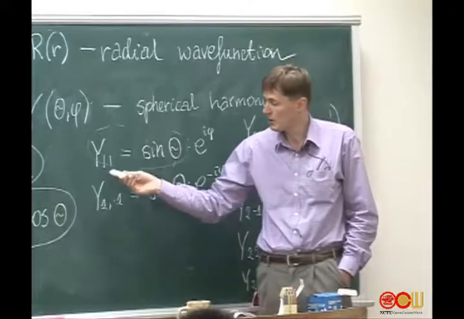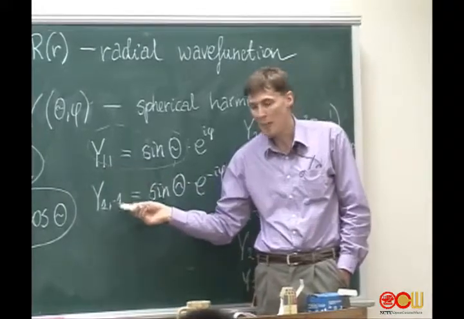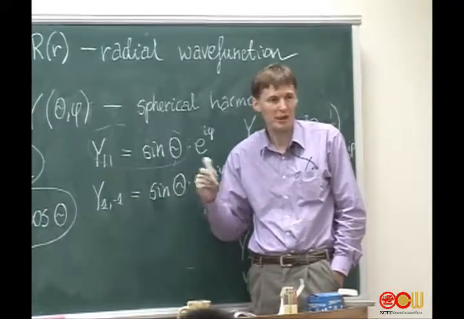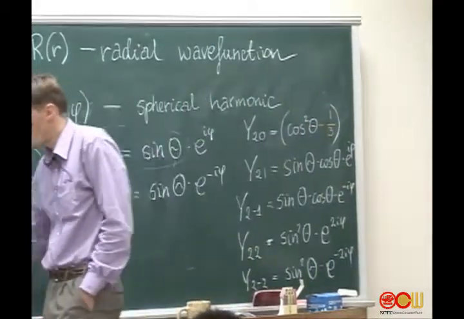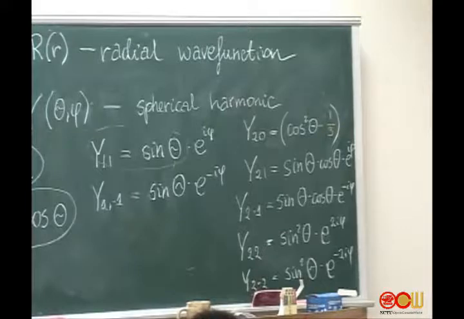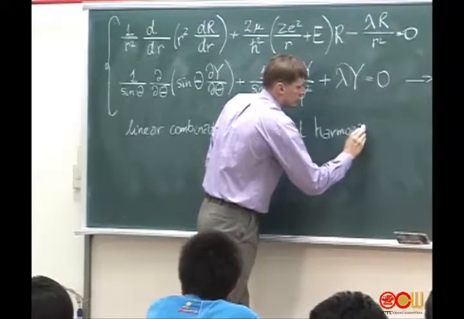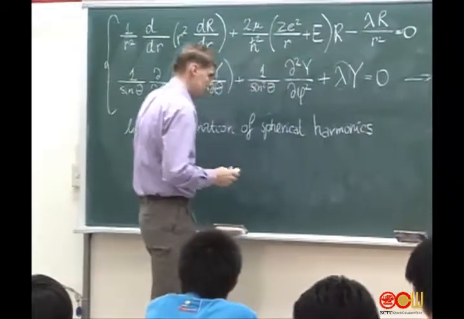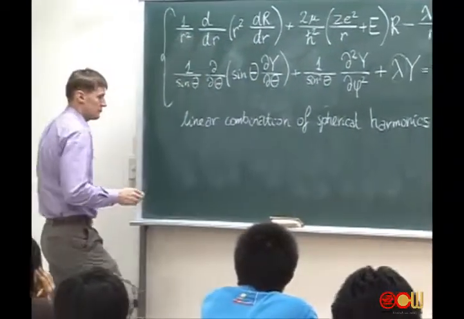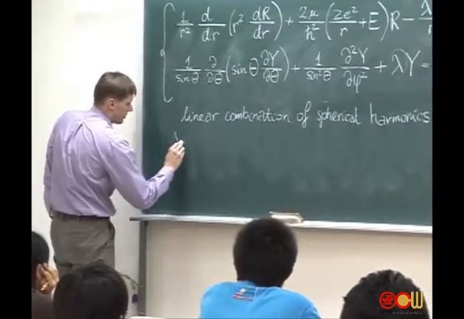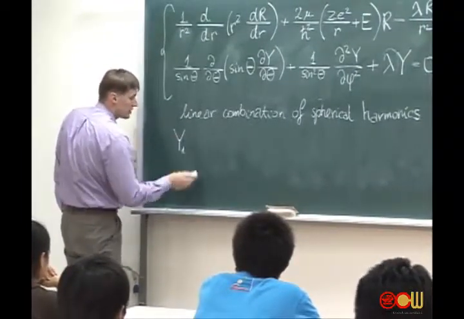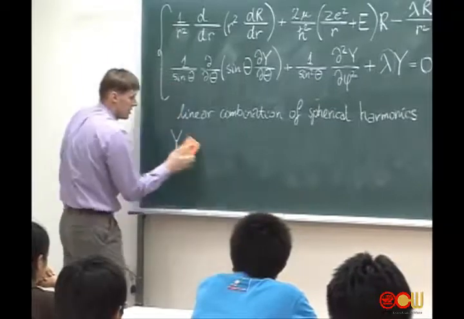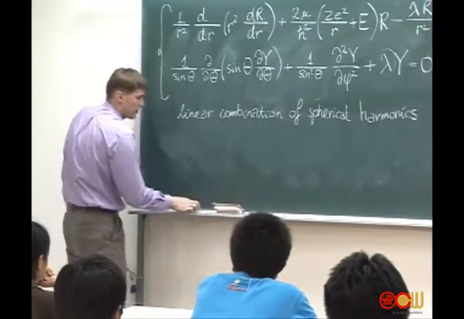You remember that the orbitals 1, 1 and 1, minus 1 are kind of brothers. So people very often take these two orbitals and make a linear combination. But first, maybe the definition of a linear combination.